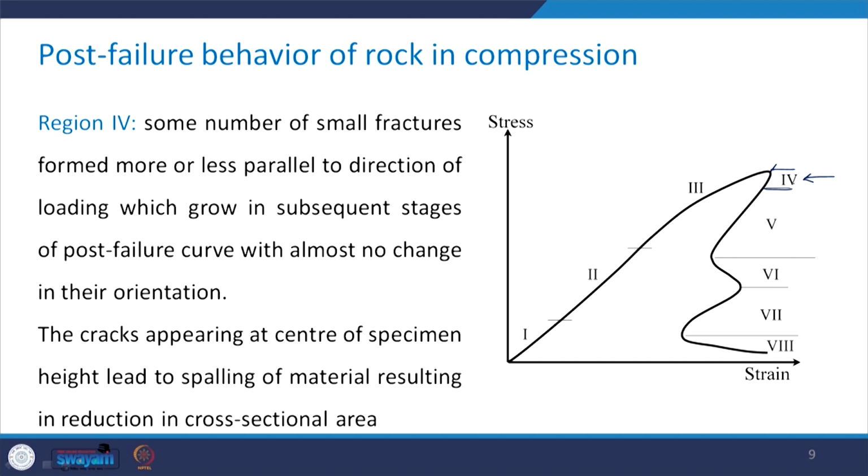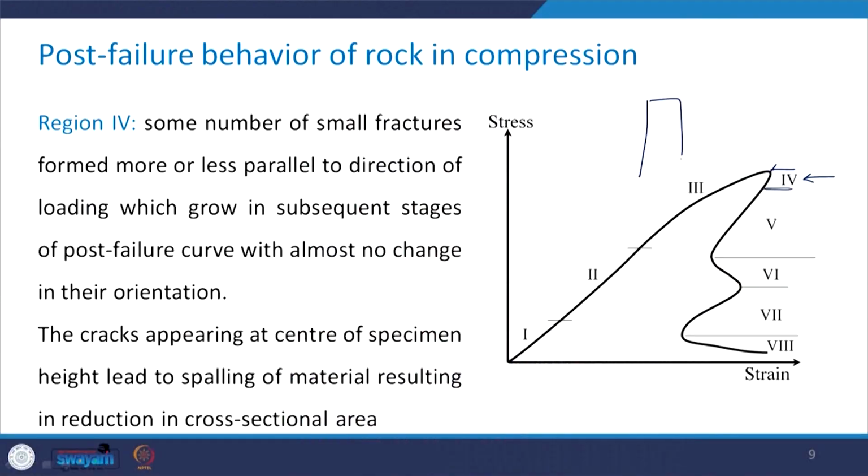They grow in subsequent stages of the post failure curve with almost no change in their orientation. So let us say this is your specimen and the cracks have already been oriented like this. Of course, you will have here the two conical zones, and almost all these cracks are oriented approximately in the direction of the applied loading. Now what happens?